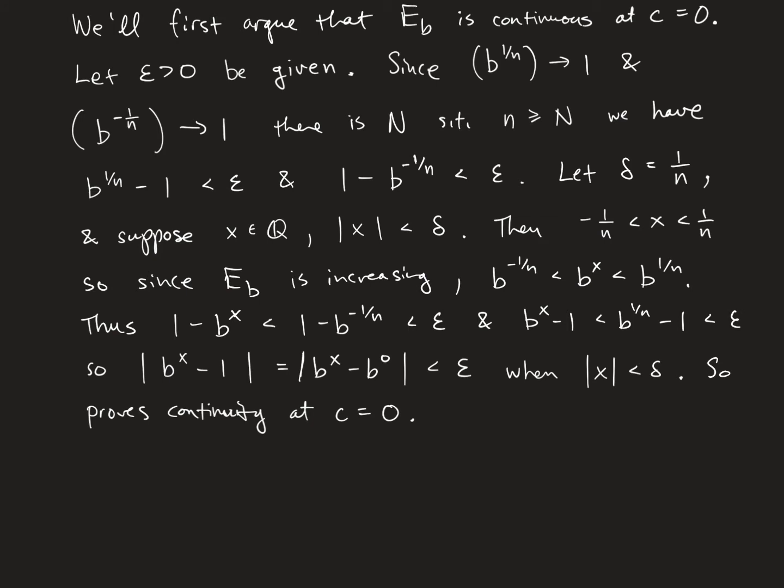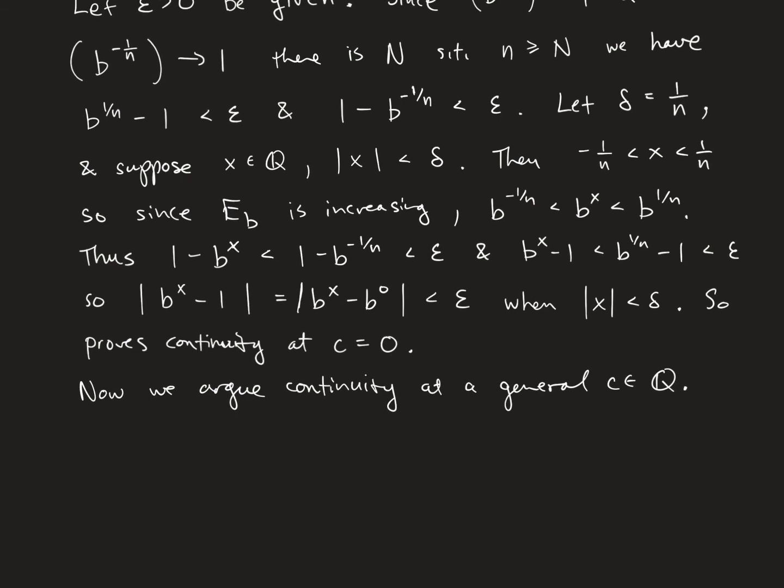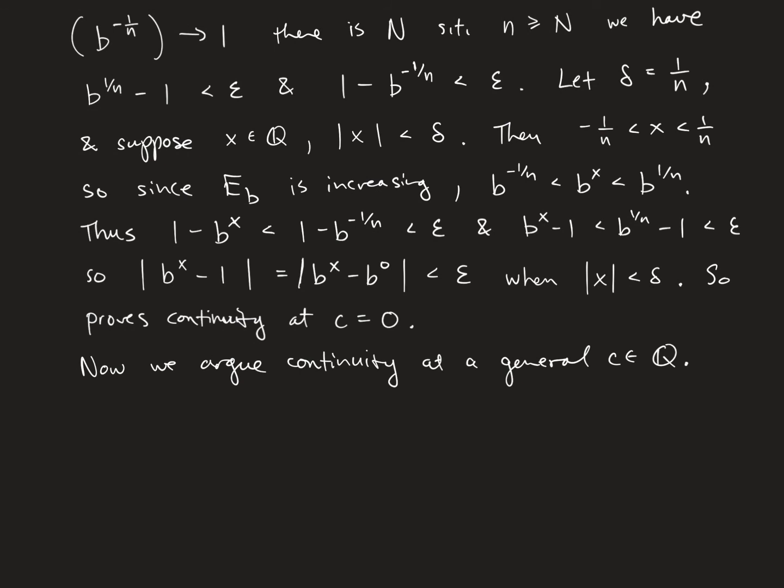Okay, so now we argue continuity at a general c. So as I said before, we're going to let epsilon be greater than 0. So what we have to do is look at b to the x minus b to the c.